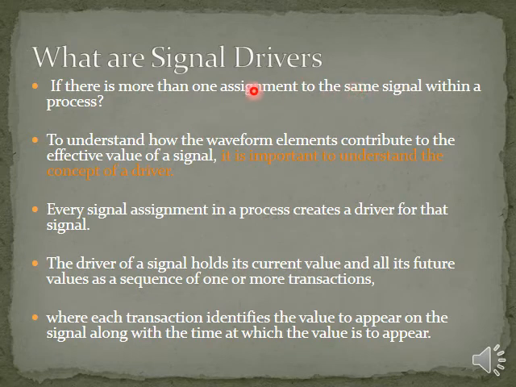When we assign the same signal, how are they going to execute? We have to understand that. To understand how such expressions execute, we should first know the concept of drivers.